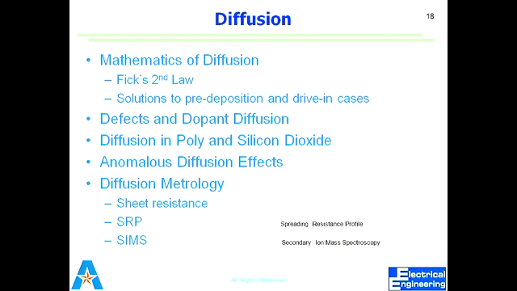So these are the 2 methods by which you introduce the dopant concentration inside your silicon wafer. We are not going to talk about ion implantation today. We'll be talking about diffusion, but you should know that ion implantation can also be used to introduce the dopant concentration.